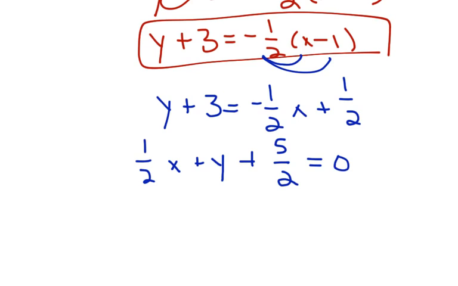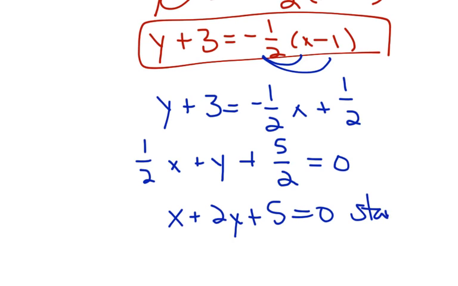We don't like fractions in equations, so if I multiply everything by 2, because that's the denominator of two of the fractions, I can get rid of the fractions. So I could get x plus 2y plus 5 equals 0. This is called standard form, or sometimes general form of an equation of a line.